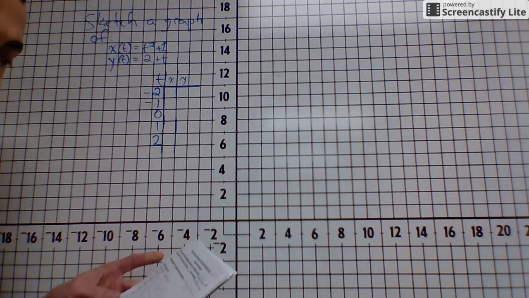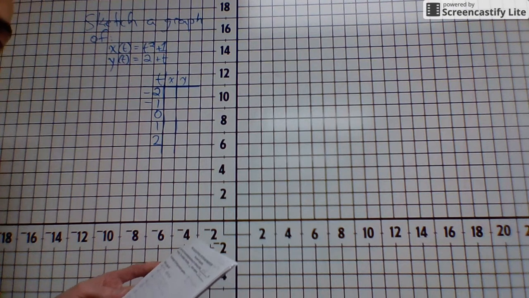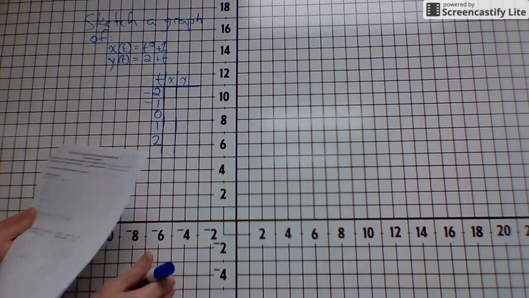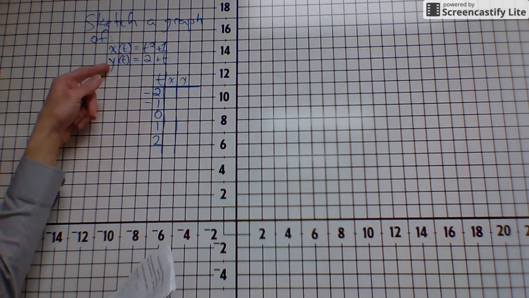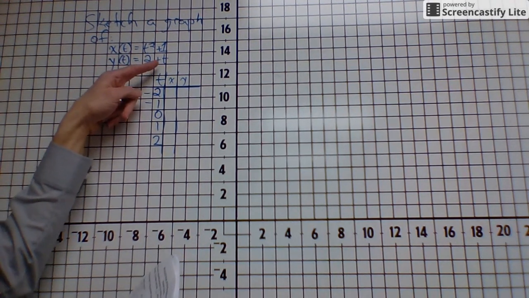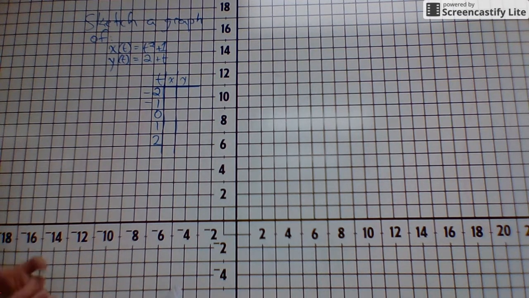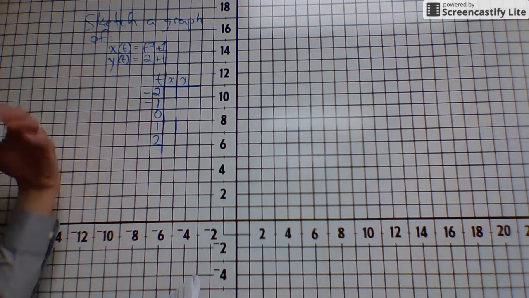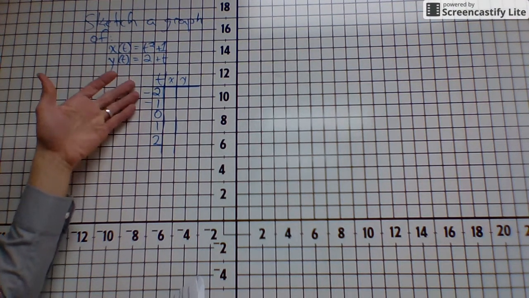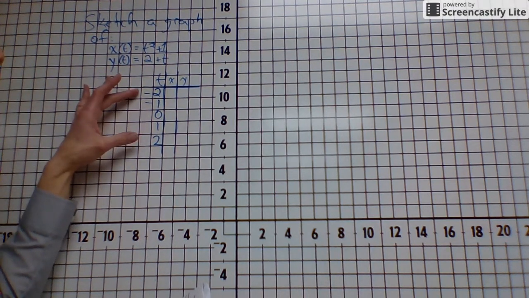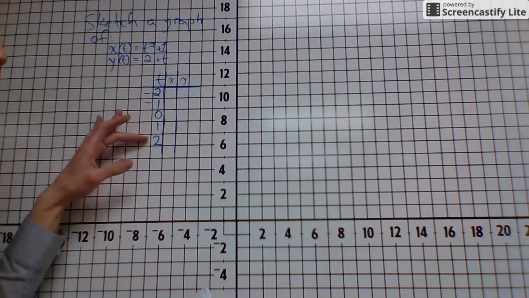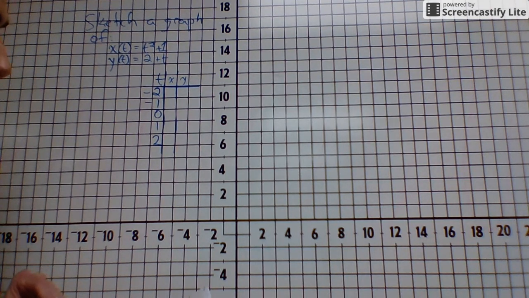All right, so now let's do a couple of graphs of parametric equations. So you have that x of t equals t squared plus 1, and the y value equals 2 plus t. We're not given a specific domain for t, so I'm going to just use -2, -1, 0, 1, and 2 to plug in to our x and our y equations.